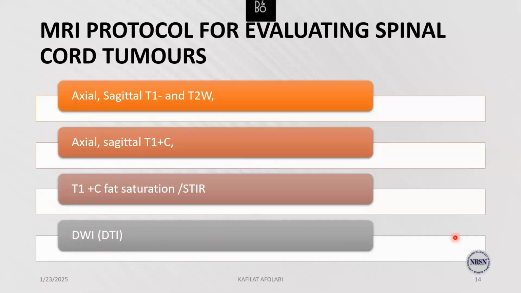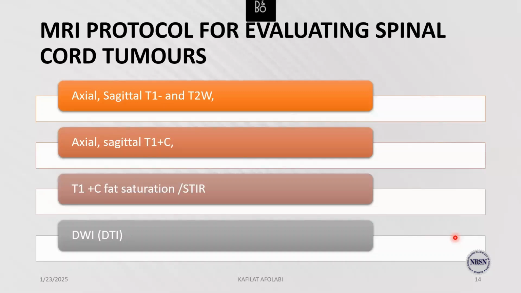Other sequences are used, including diffusion weighted imaging with the corresponding ADC map, which can show lesions that show restricted diffusion, particularly important in discriminating malignant and some cystic tumors of the spine.